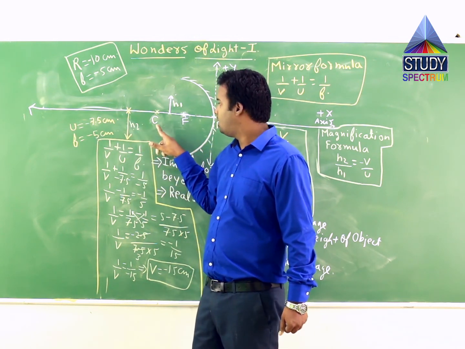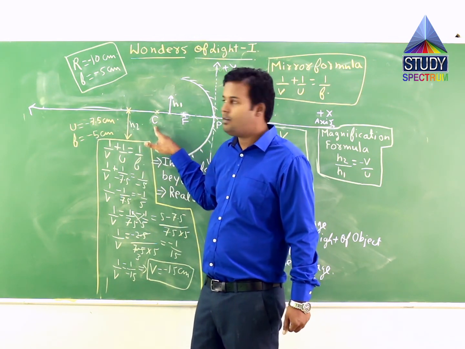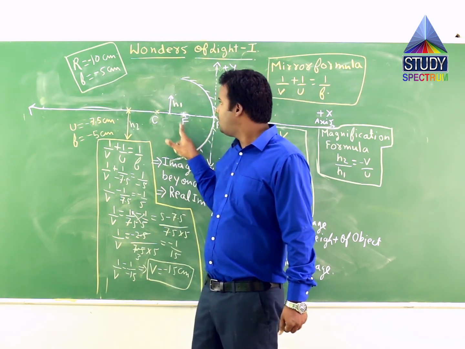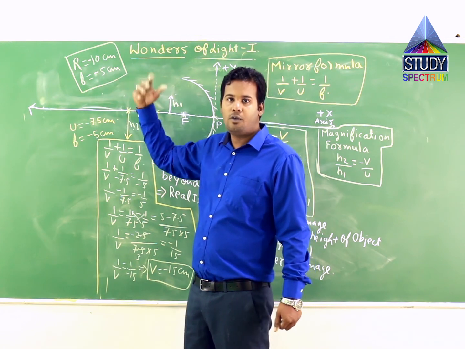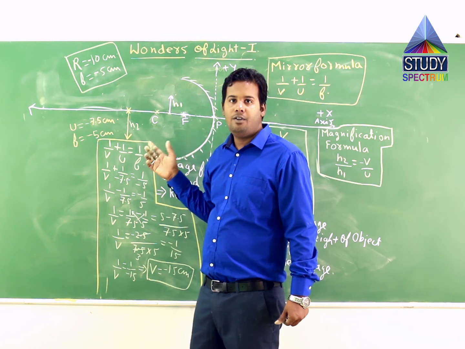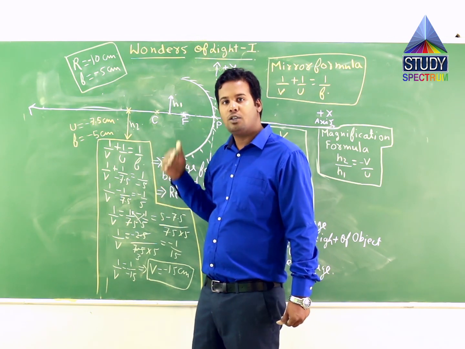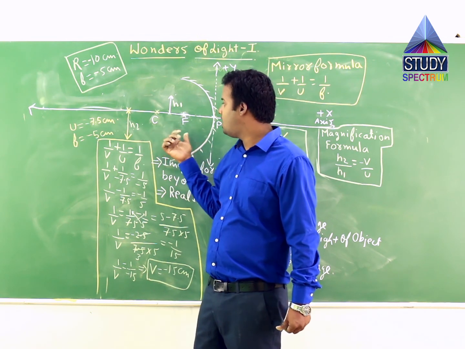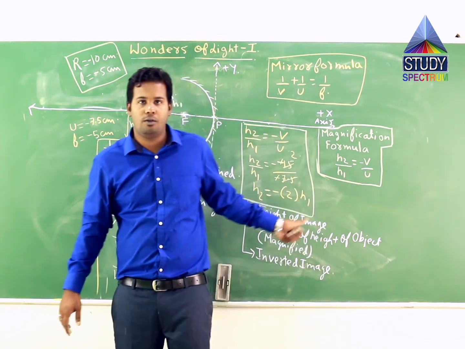Why? Because this point C is minus 10, which we have assumed here. This point F is minus 5 centimeter, which comes out from our assumption when we have taken R as minus 10. F will be half of R for small apertures, so it comes out to be minus 5. So we have taken u as minus 7.5 and we have calculated all four results.